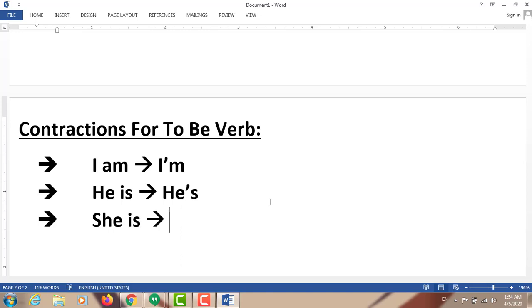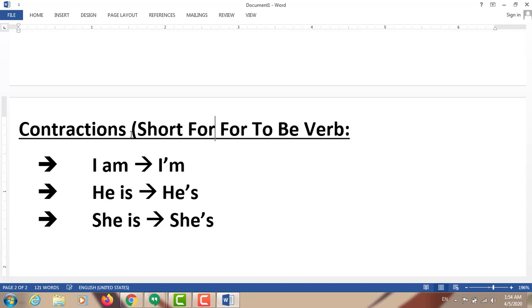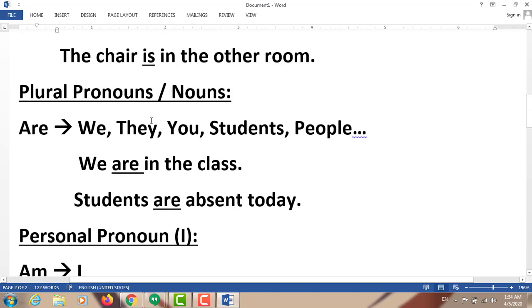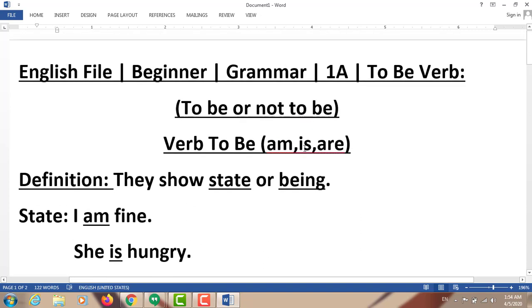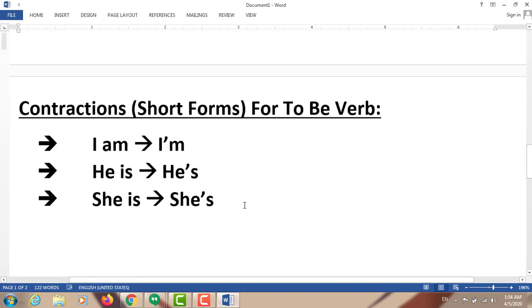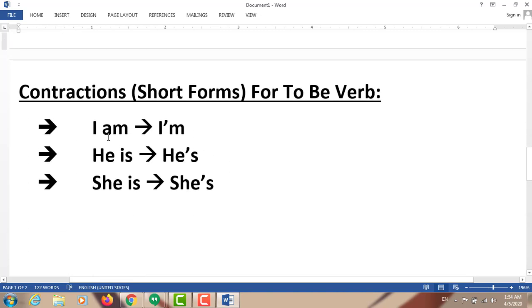"She is," the contraction is "she's." Contraction means short forms, maybe some people will not understand. You can also say "verb to be" or "to be verb," it doesn't matter. So these are the contractions.